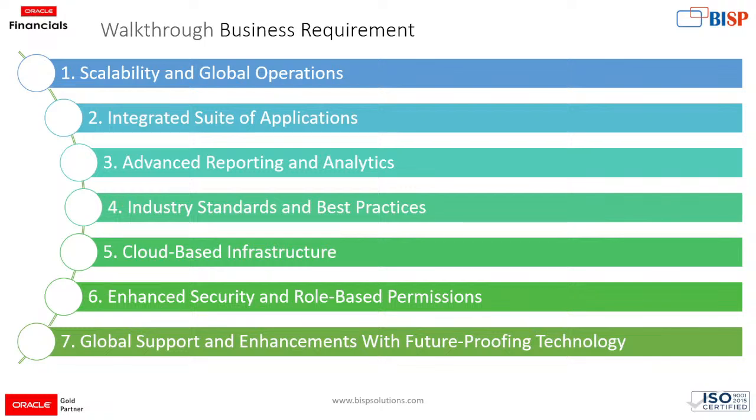First, we will go with scalability, the first thing in the requirement gathering process. Oracle Fusion ERP is an enterprise resource planning solution that is designed to handle complex and large-scale operations, as well as meet the requirements of global businesses.